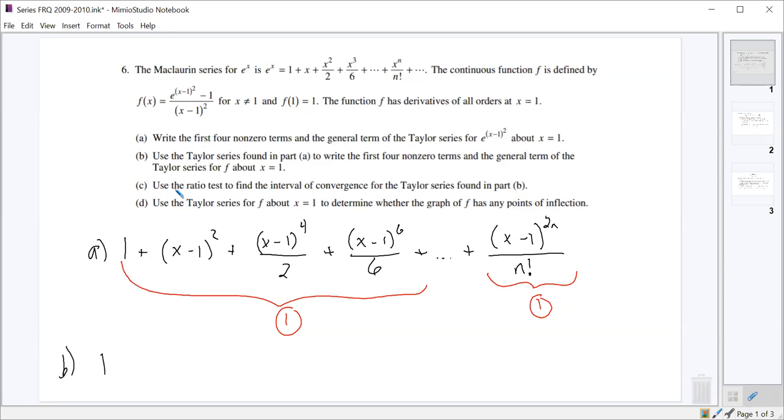But our first non-zero term should be from (x minus 1) squared. And if we take that and divide it by the (x minus 1) squared, we should end up with a 1. To answer your question there, a non-zero term just means a term that doesn't end up being 0. So if I take my first term 1, subtract the 1 from it, I get 0, divide it by the (x minus 1) squared, that term is 0, so we just ignore that term when it says non-zero terms.